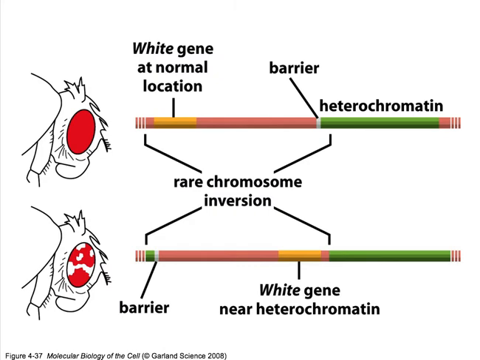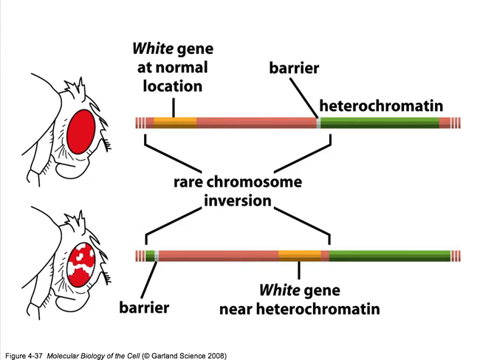The name for DNA which is tightly wound is called heterochromatin. DNA which is loosely wound is called euchromatin, EU chromatin. In this experiment, the red eye is caused by the normal product of the white gene, whereas if the white gene is inactivated by mutation, it results in white patches.